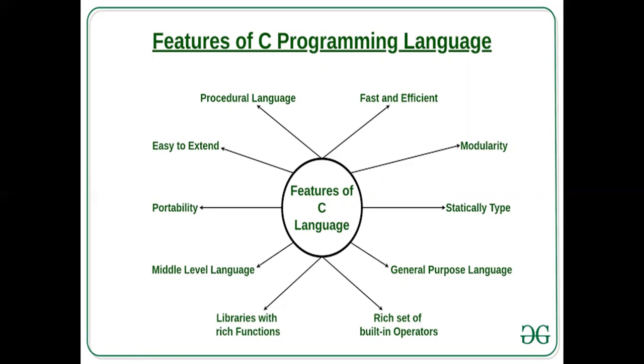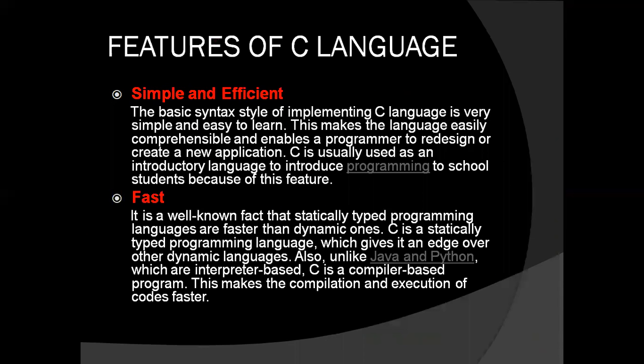So let us get into detail about this: what the features are and how they are used in the C language. As we have seen, one feature is simple and efficient, which is the main feature of C language. So what is this? Basically, the basic syntax style of implementing C language is very simple and also easy to learn.